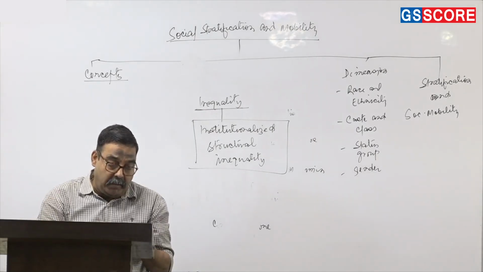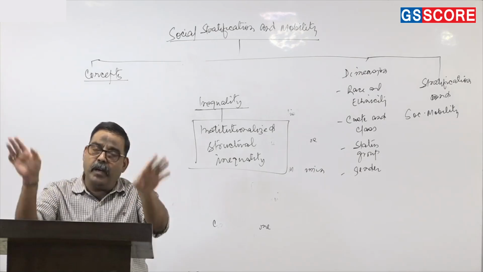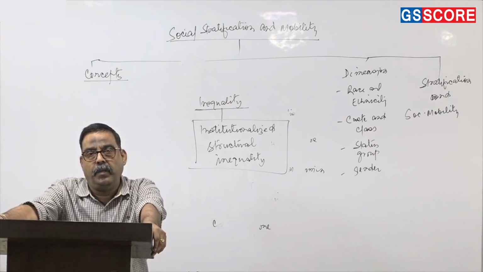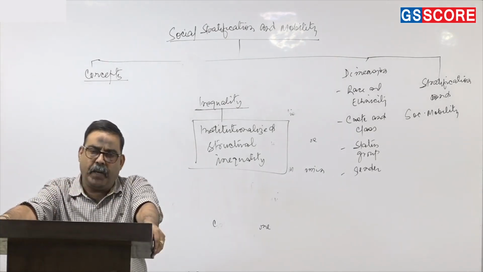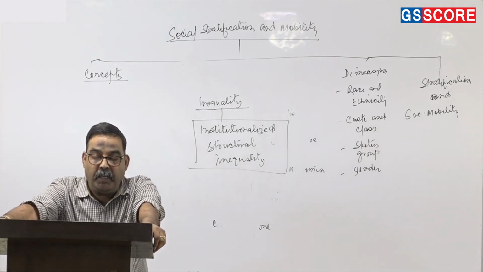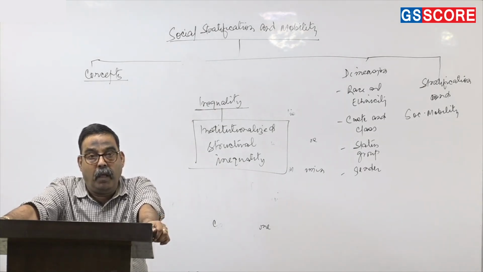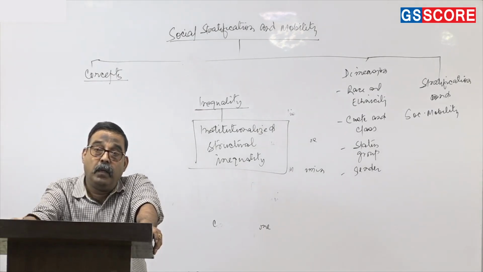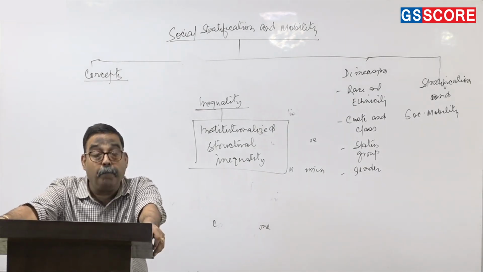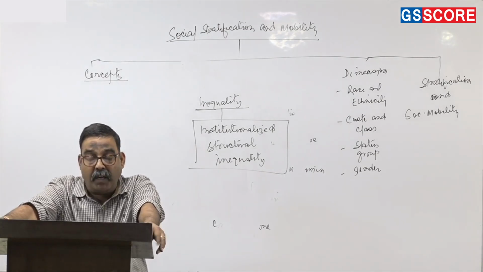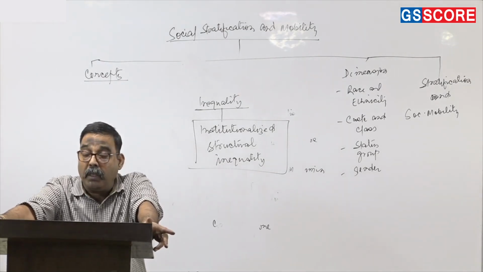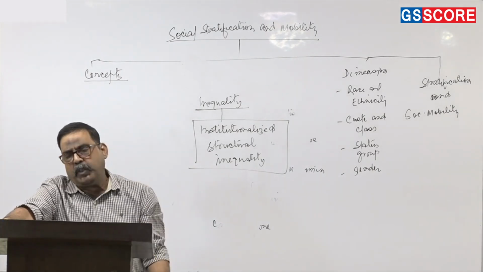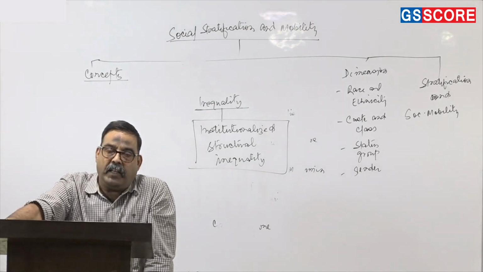However, when we look at the entire human history, everywhere people have professed one utopia. I am sorry to use this word. People have always professed one utopia, that people should be equal. Either the equality of persons, the equality of opportunities, the equality of conditions, or the equality of outcome has always been desired by human society.